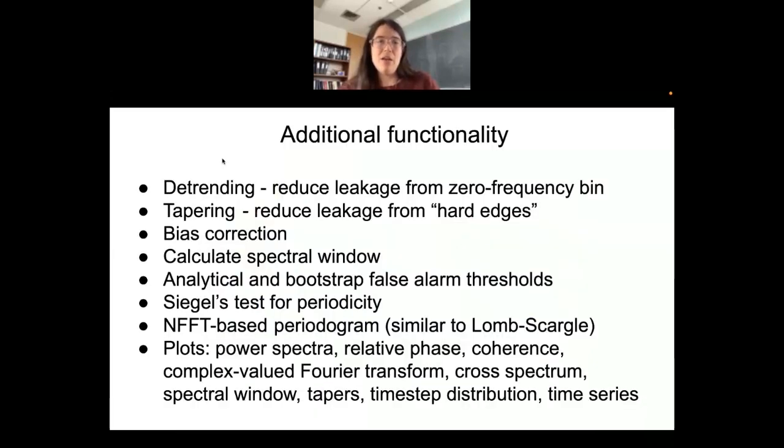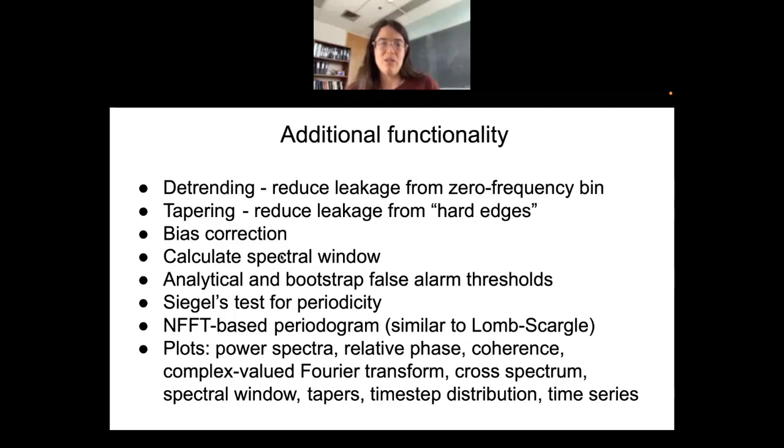And then finally, NWelch does other things besides just the coherences and the nice power spectrum estimates. You can detrend your time series or the segments of your time series, which reduces your leakage from zero frequency. You can taper, which reduces your spectral leakage from the hard edges. You can correct bias.